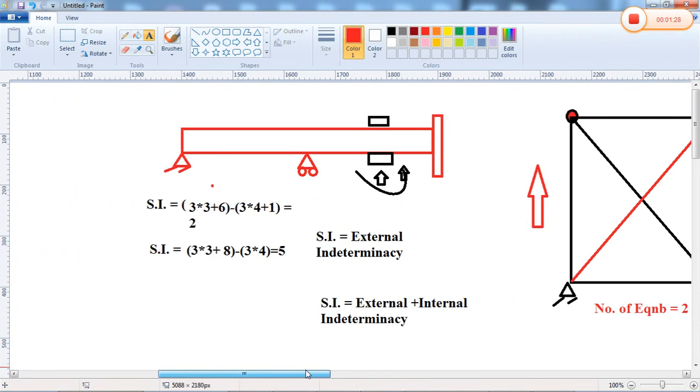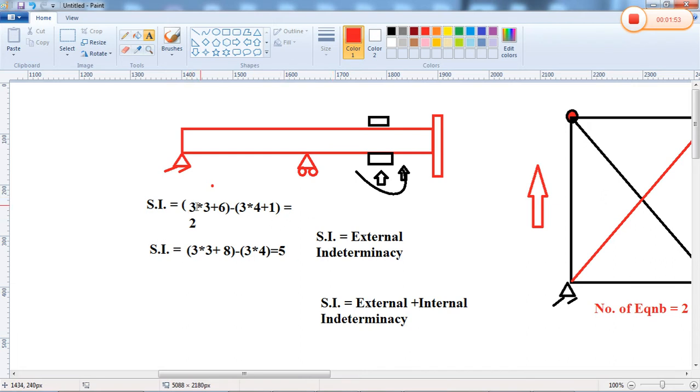Next, if we take another example, there is a guided roller here, there is a hinge here, and we then have a hybrid joint at this point, then there is a fixed support.